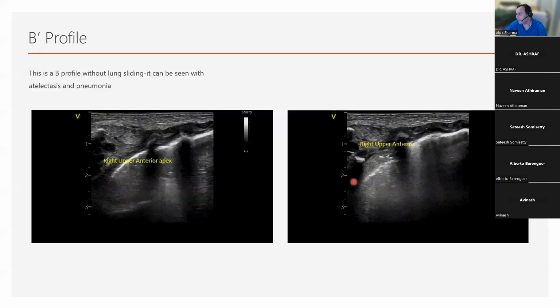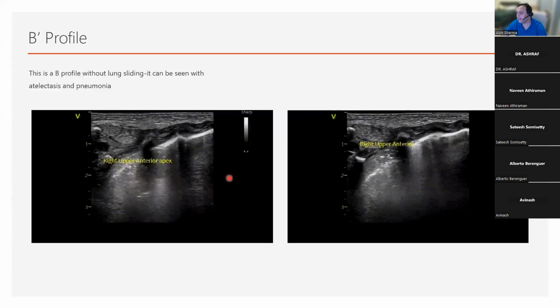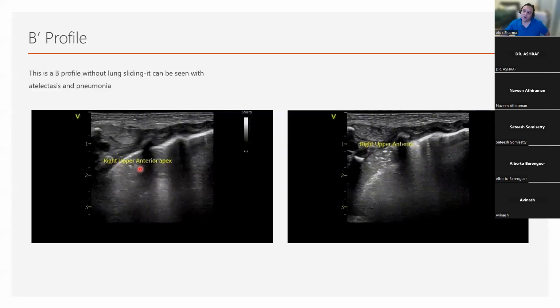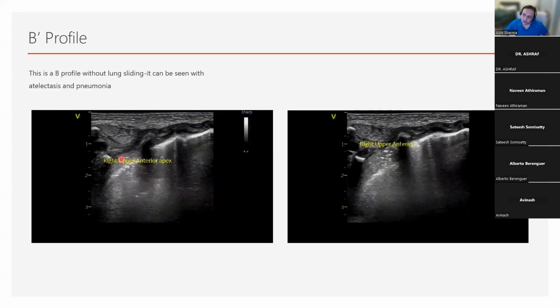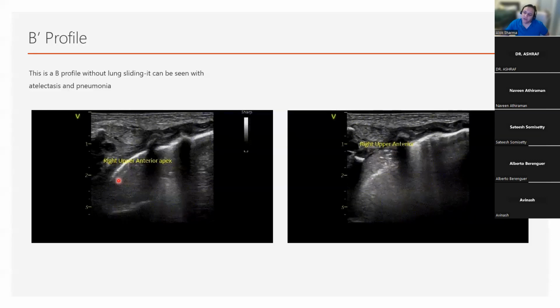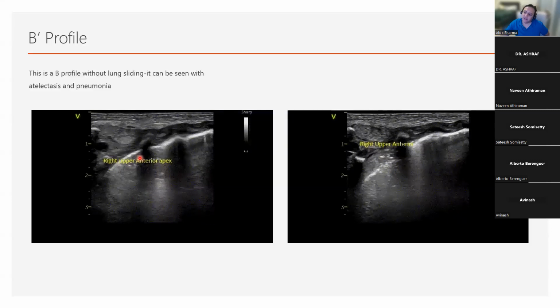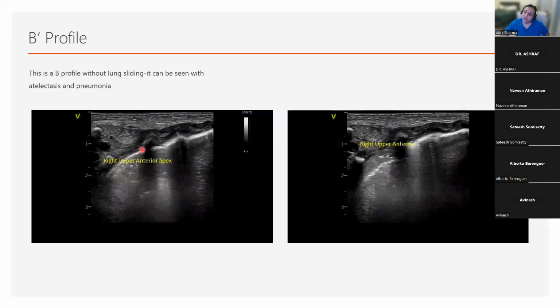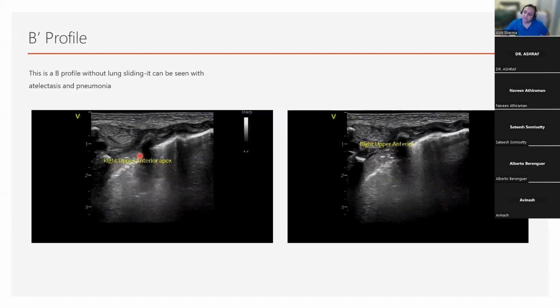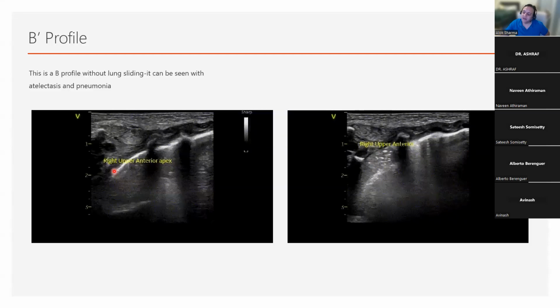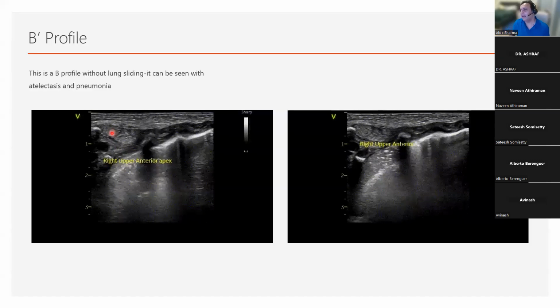But just occasionally, you might have an area of lung which is severely consolidated and also has atelectasis. Because there's significant atelectasis in this region, you're not able to see very good sliding, and you can see how the pleura is appearing and disappearing. I'll give you a bottle of champagne if you can tell me why.